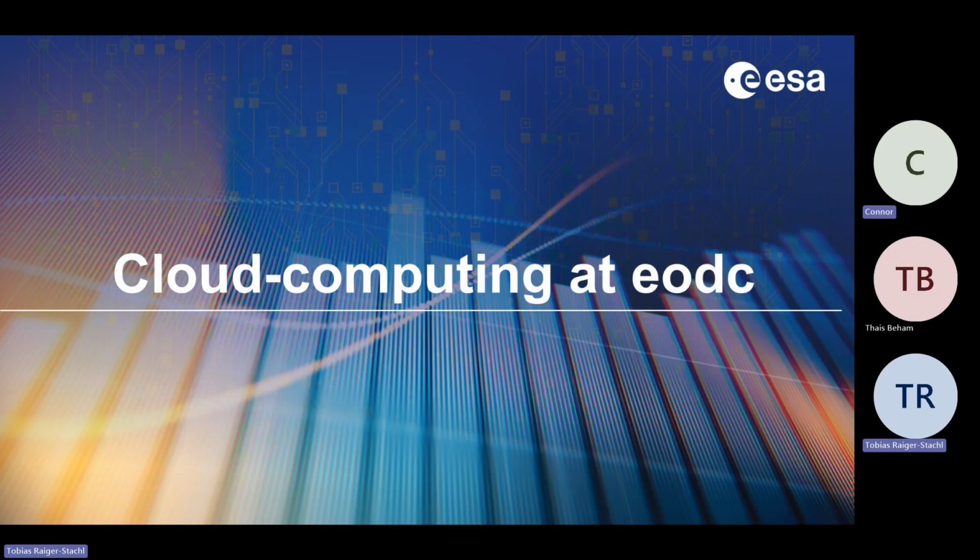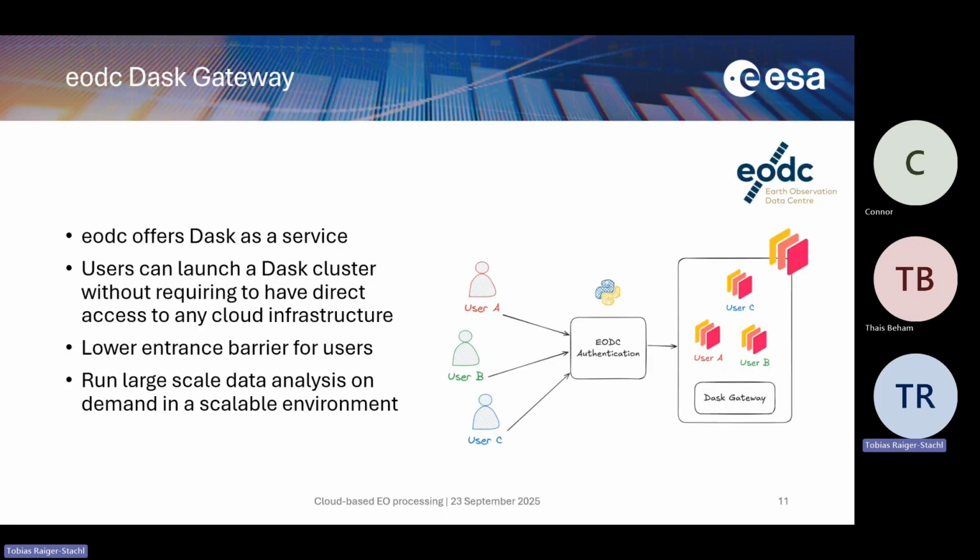Our presentation will fit perfectly into this whole environment, because, as you just heard, we are using Dask to separate task load to our workers. As a company, we offer Dask as a service.